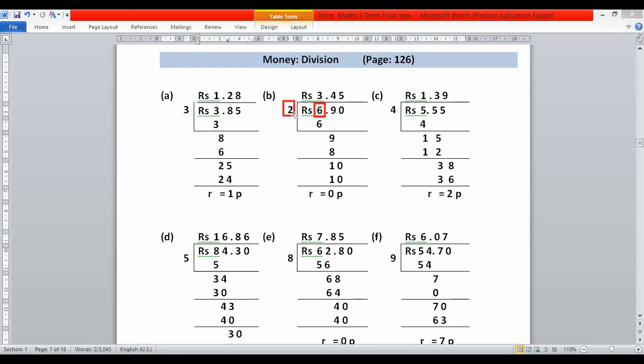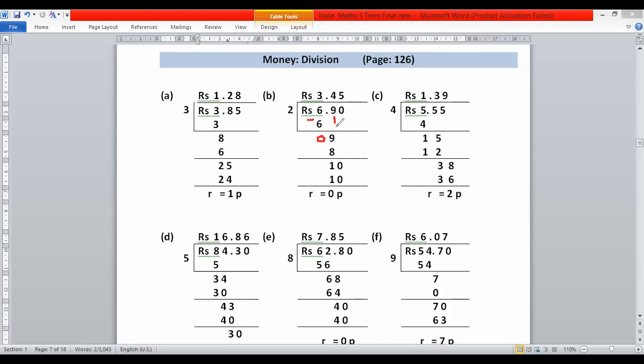So we count the table of 2 up to 6. 2 threes are 6. 2 multiplied by 3 is equal to 6. It means we write this 3 here and this 6 here. Now we subtract 6 minus 6, 0.